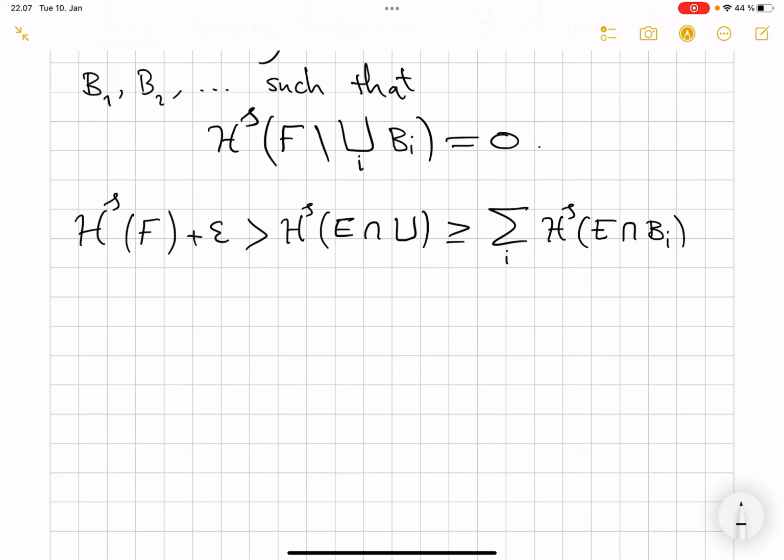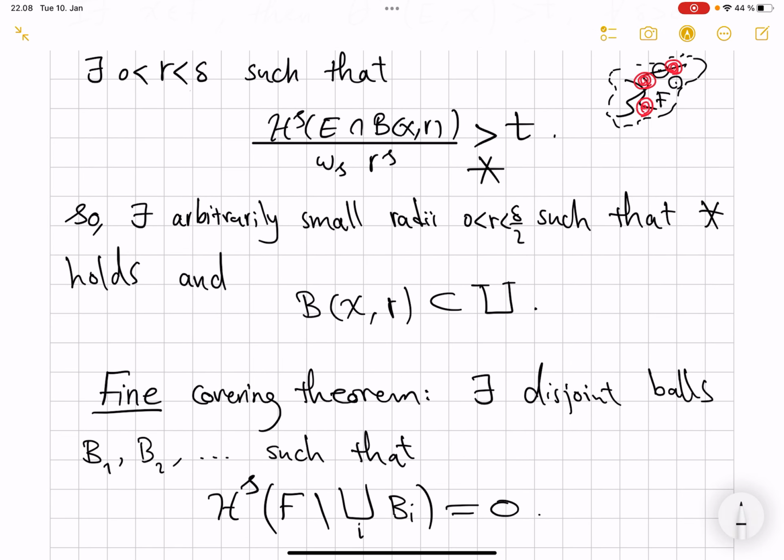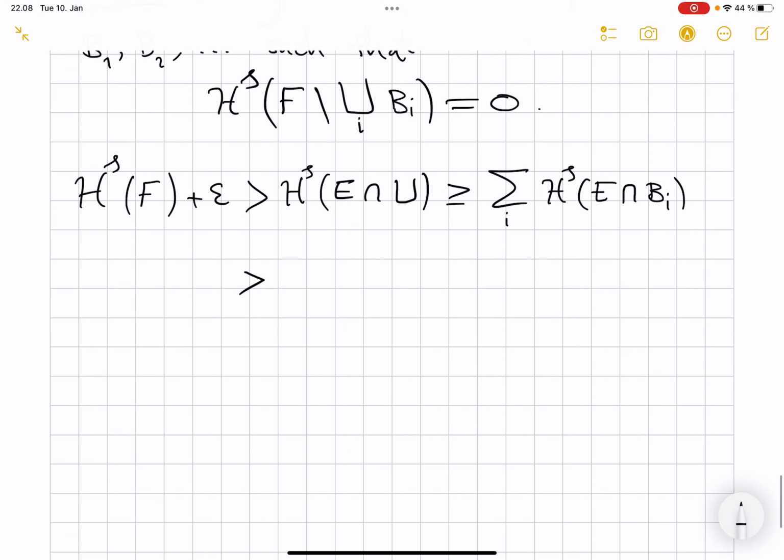This is true because the B_i are disjoint, and then subadditivity of H^s. But then the B_i were chosen with their special radii so that this star inequality holds, which can be written as it's bigger than t omega_s R_i to power s, summed over i.